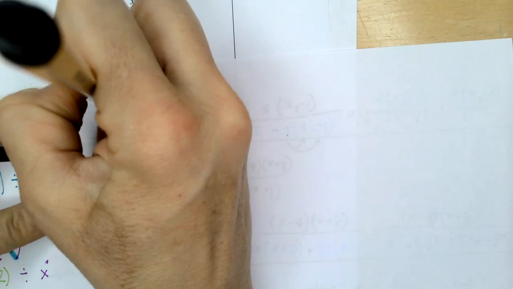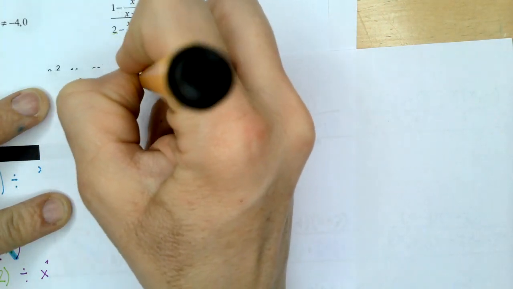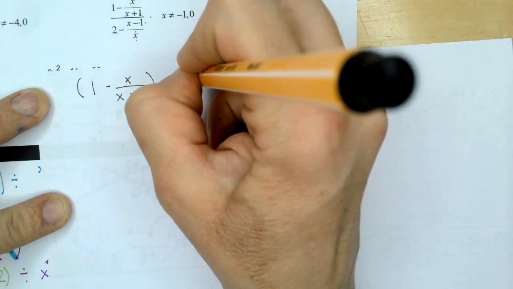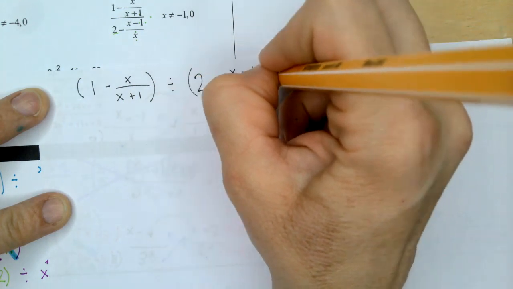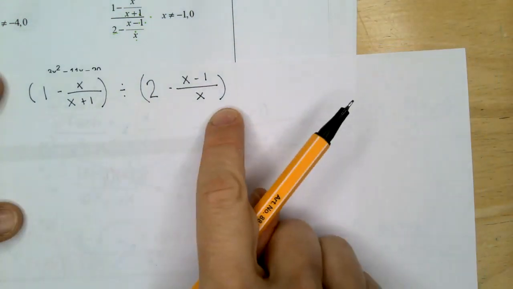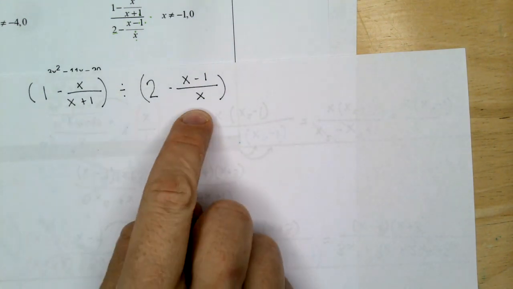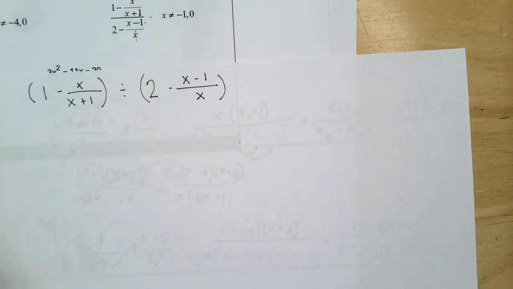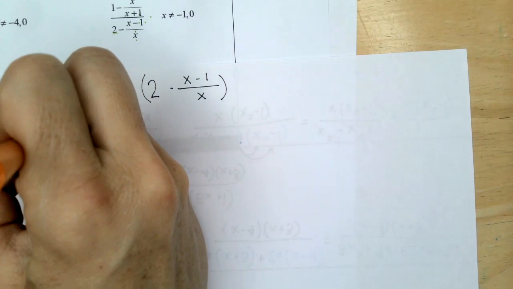So we have all of 1 minus x over x plus 1, and it's being divided by 2 minus x minus 1 over x, right? What kind of denominators am I dealing with? I have an x plus 1 and I have an x. These two don't have denominators, right? So I'm going to multiply everything by x times x plus 1.